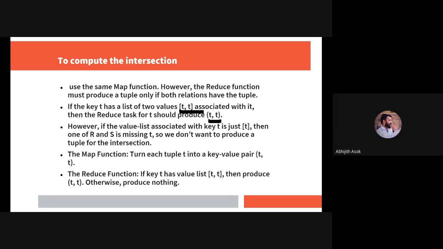However, if the value list associated with t is just [t], then one of R and S is missing, so we don't need the tuple for the intersection. So in the map function, turn each tuple into a key value pair. In the reduce function, if key t has a value list [t, t], then produce t, t; otherwise produce nothing.